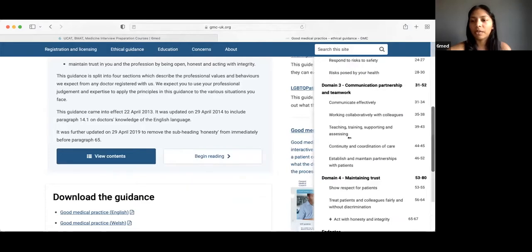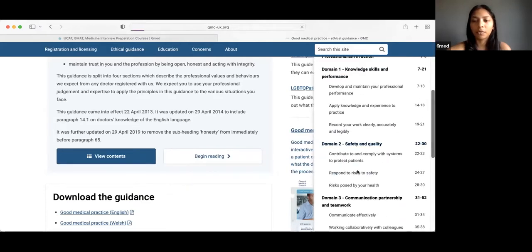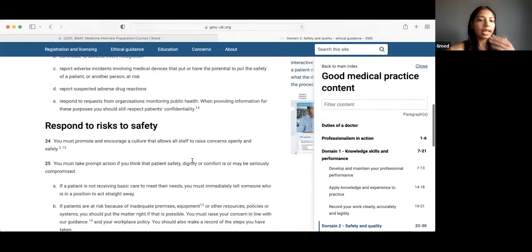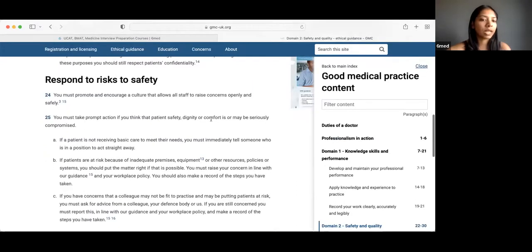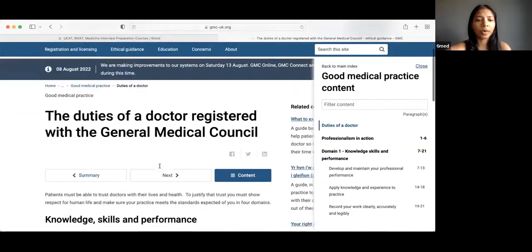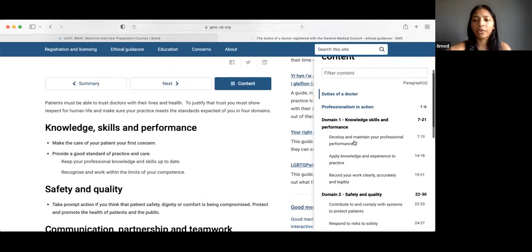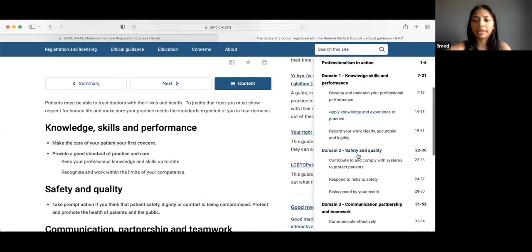And if I just click on one of them, if I just click on respond to risk of patient safety or something, it just tells you must take prompt action if you think patient safety is or may seriously be compromised. And then it gives you the types of scenarios where you would do that. You don't have to read it all. I would say probably duties of a doctor section is quite good. And then looking through the safety and quality bit is probably useful as well.